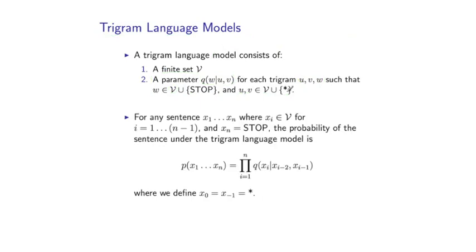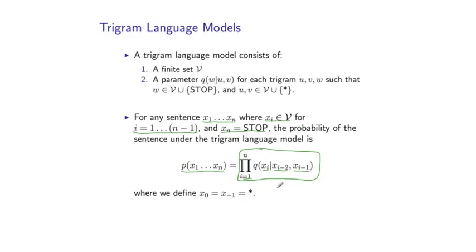And given these definitions, the model defines a distribution as follows. For any sentence x1 through xn, where each xi is in V for i equals 1 to n minus 1, and where xn equals stop, the probability under the trigram language model is defined as a product of terms, for i equals 1 to n, of q(xi | xi-2, xi-1).